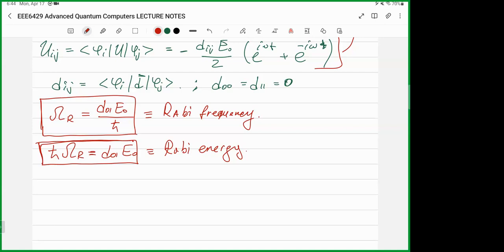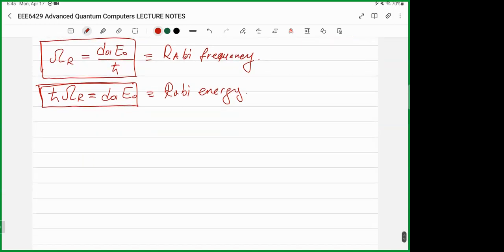The Rabi frequency or Rabi energy is a quantity that describes the interaction of a qubit with the electromagnetic field. Basically, the larger the Rabi energy, the stronger the interaction of the qubit and the electromagnetic field. And in theory and in experiment, we describe these interactions only in terms of Rabi energy.